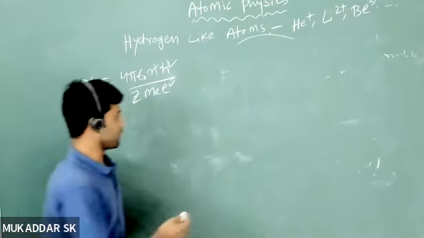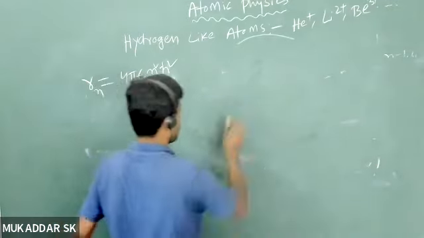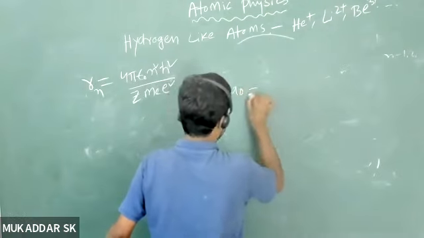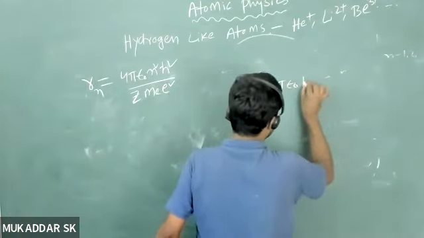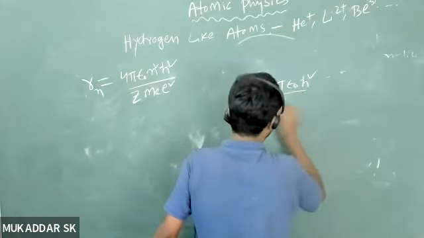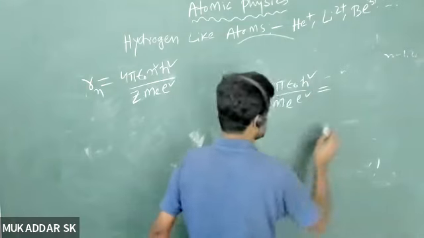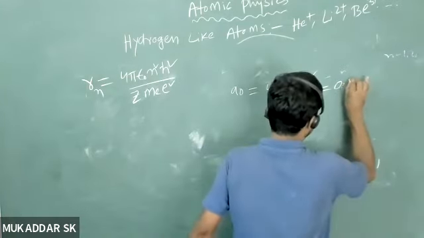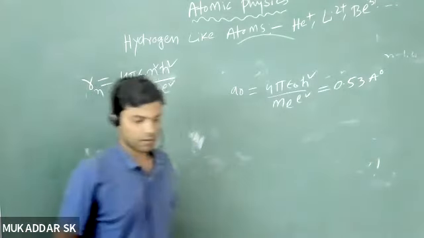Now, if you remember, yesterday we have seen the Bohr radius, right? And that was a naught equals 4 pi epsilon naught h cut square divided by m_e e square, and that value was 0.53 angstrom, right?